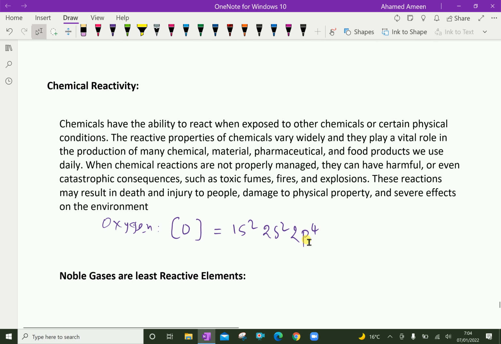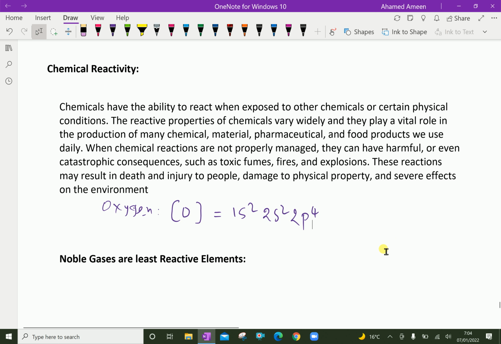Notice that the 2p orbital can hold 6 electrons, but oxygen has only 4 electrons in its outermost p orbital.